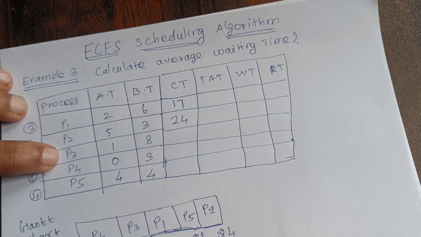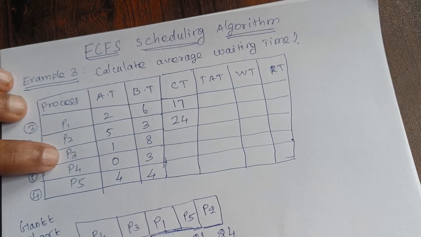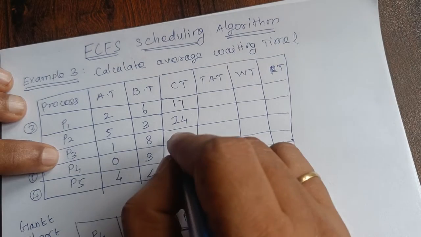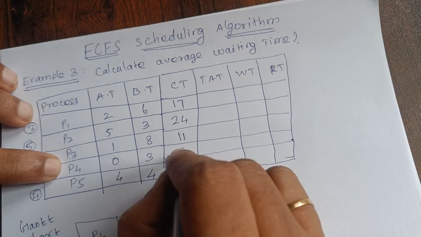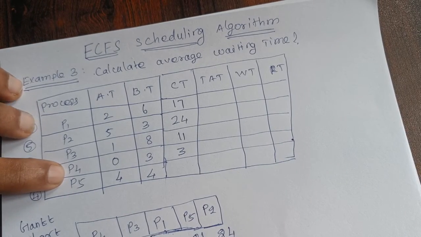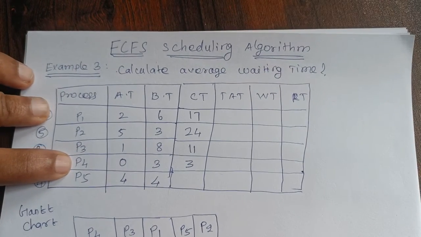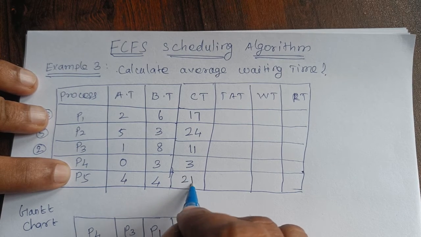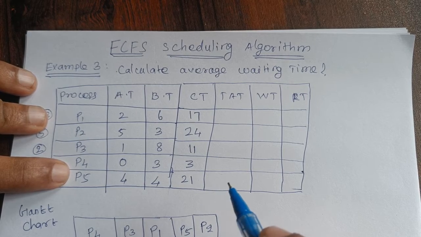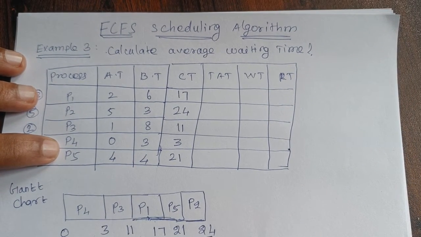Next, P3: the completion time is 11. Next, P4: the completion time is 3. Next, P5: the completion time is 21.